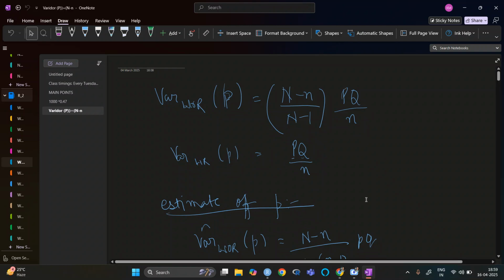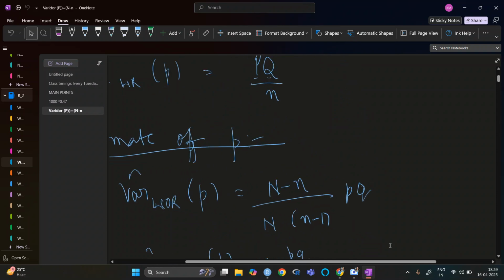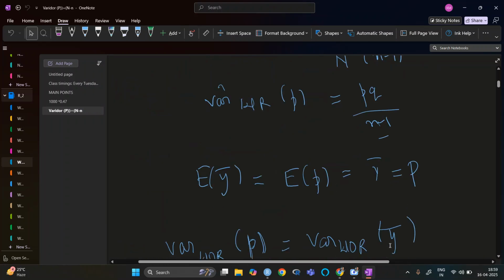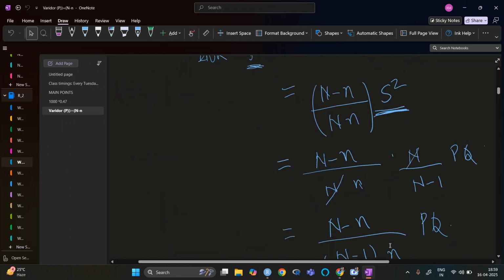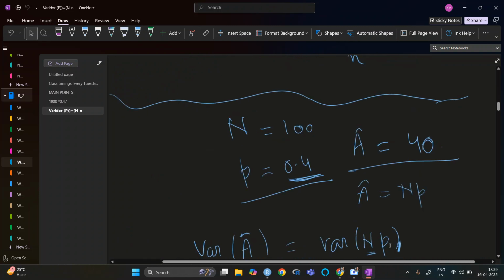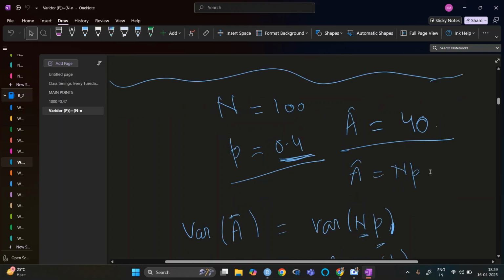You can define small p and q as being between 0 and 1. And when you have just two categories, q is basically 1 minus p. If you have, let's say, n as 100 and small p as 0.4, then np is 40.